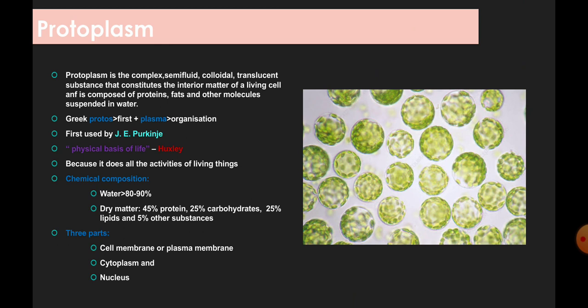So the first organization that makes something live is protoplasm. The word protoplasm was first used by J.E. Purkinje. Huxley called protoplasm the physical basis of life because it does all the activities of living things.